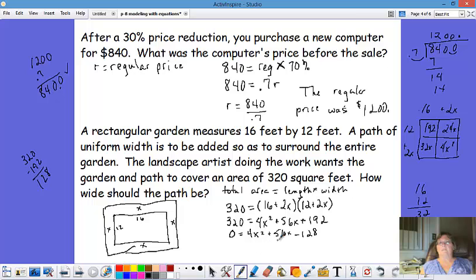All right, I'm looking at this, and yeah, I think we can help ourselves if we divide everywhere by 4. That'll make it look a lot nicer, and each of these values is divisible by 4. So 0 divided by 4 is 0. 4x squared divided by 4 is just x squared. 56x divided by 4, well, that's 14x. And 128 divided by 4 is 32.